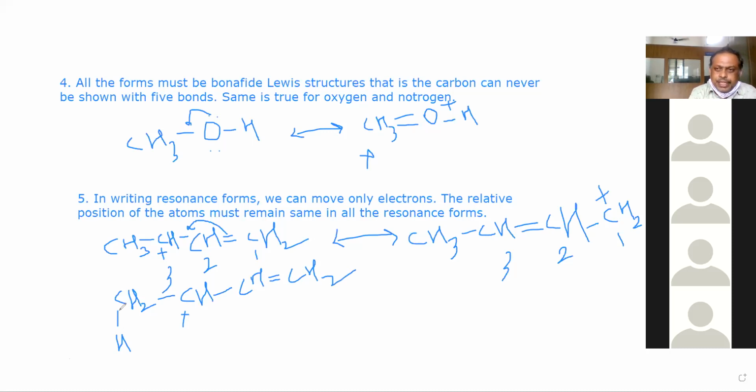We break this sigma bond between carbon and hydrogen and we form bond CH2 CH. At that time, the position of carbon is changed. Position of atom is relatively changed.